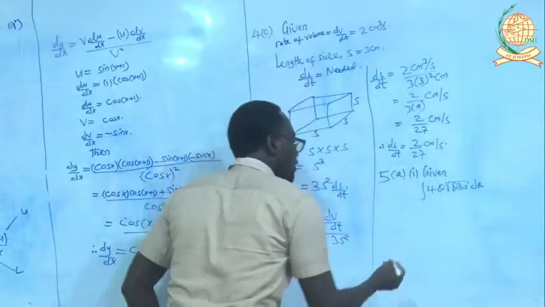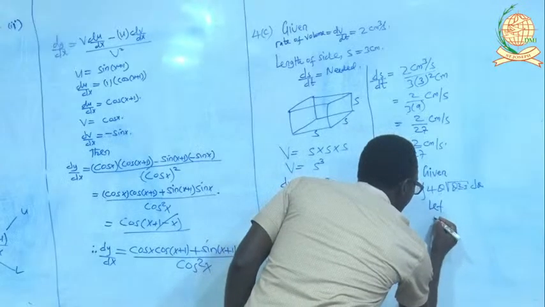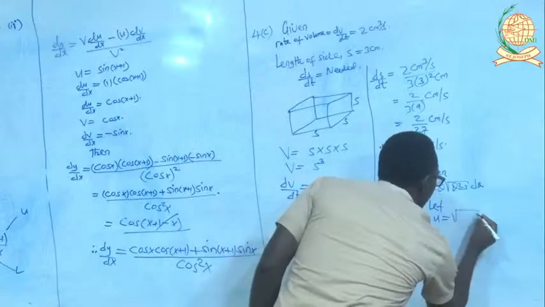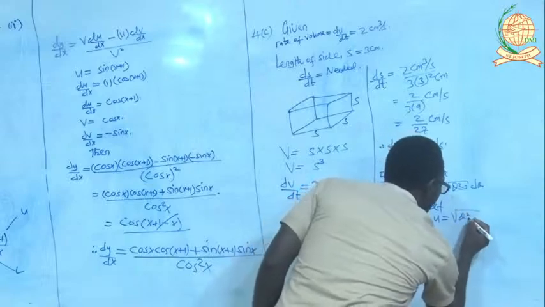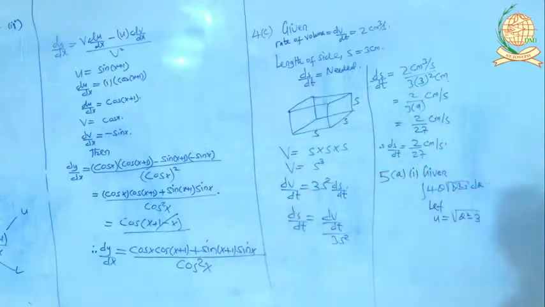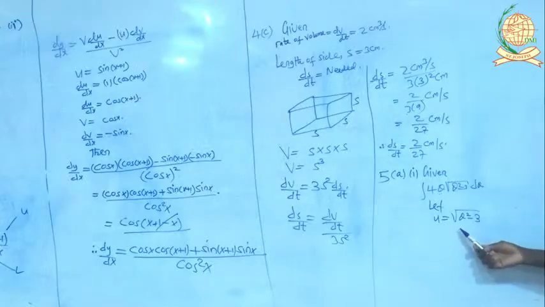Now to integrate that one, let u equal the root of theta squared minus 3. Because if we differentiate theta squared, we will get this theta, so theta and theta will cancel.